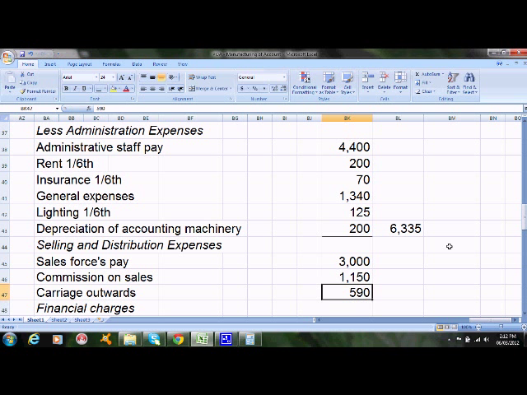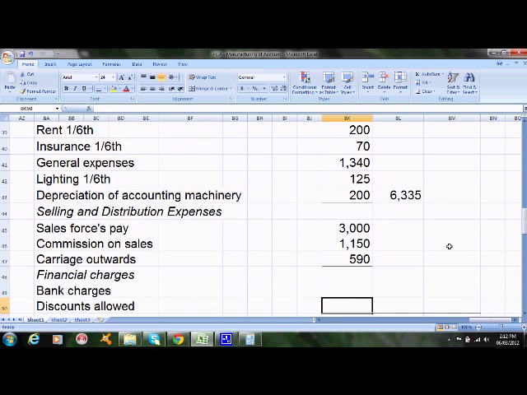And 590 carriage outwards goes under selling and distribution expenses. This is a normal TPNL, but we have subdivided the expenses into administration, selling and distribution, and finance charges. When you add up everything, we get 4,740, which is total selling and distribution.